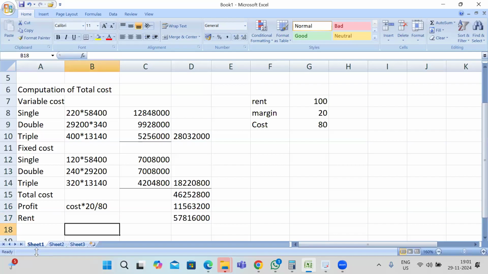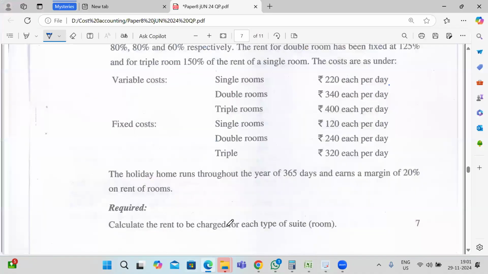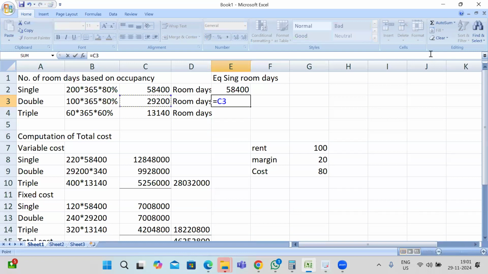Now I need to calculate for each class of rooms, that is single room, double rooms, triple rooms. Now I'm converting this to equivalent single room days. So single room days are the same, 58,400. For double rooms, the room rent I'm going to charge is 125 percent, so 29,200 into 125 percent.